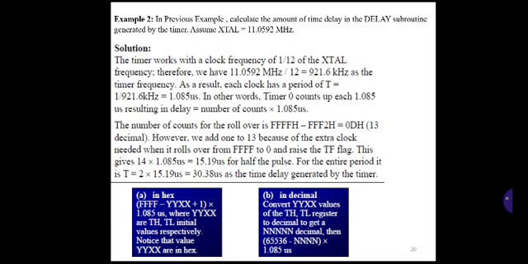In other words, timer 0 counts up every 1.085 microseconds, so the delay is the number of counts times 1.085 microseconds. The number of counts for the rollover, FFFF minus FFF2, is 0DH. So from FFF2, when you load it, it reaches FFFF.